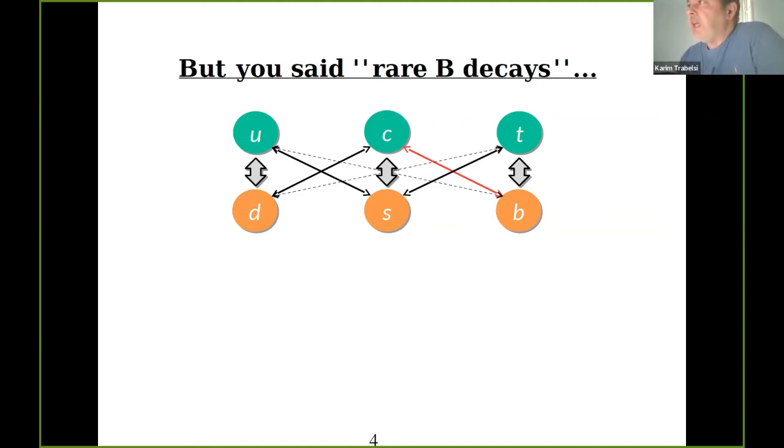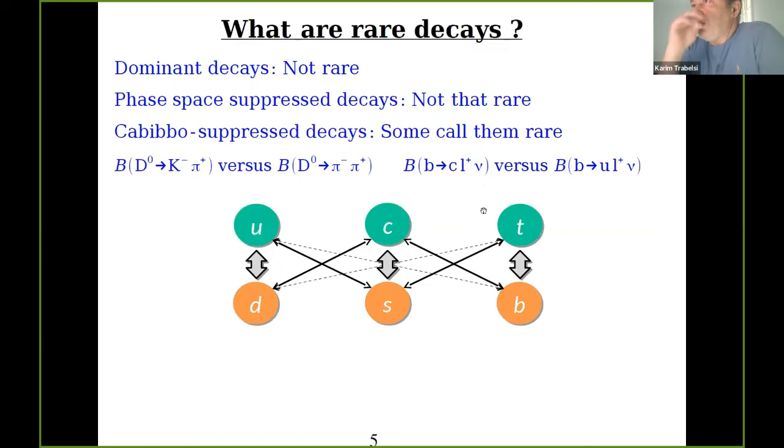Especially these days, rare is not necessarily as rare as it used to be. Rare is used in contrast to the dominant decay I just mentioned, the b to c transition, which is the most favored. So of course, the dominant decays are not rare.